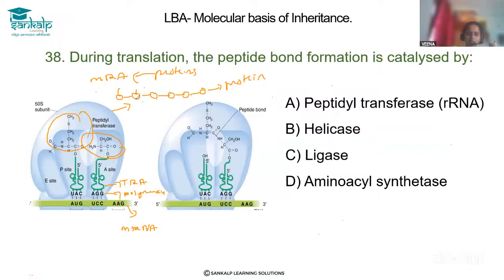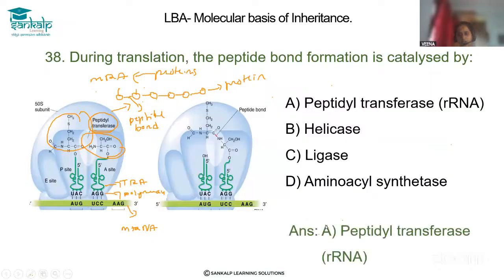Each amino acid is joined by a bond called the peptide bond. The bond present between the amino acids is called a peptide bond. That is catalyzed by the enzyme called peptidyl transferase. This is the enzyme involved in the formation of the peptide bond during translation. So the correct answer is A, that is peptidyl transferase.